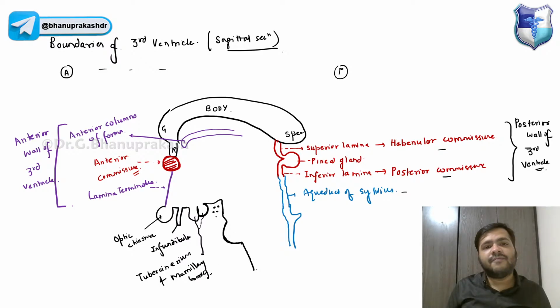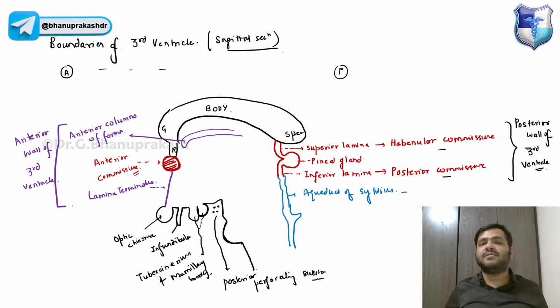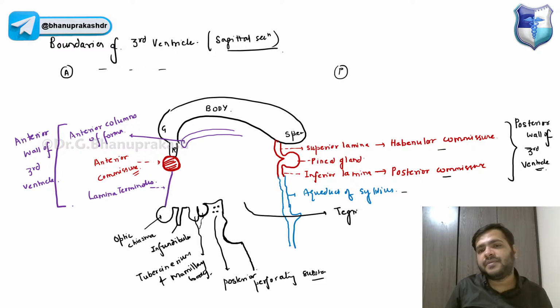And we also have the posterior perforating substance, which is basically perforated by the posterior cerebral artery, right? And guys, this part is called the tegmentum of the midbrain.